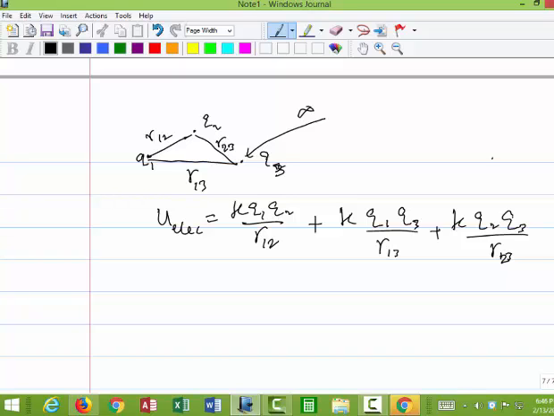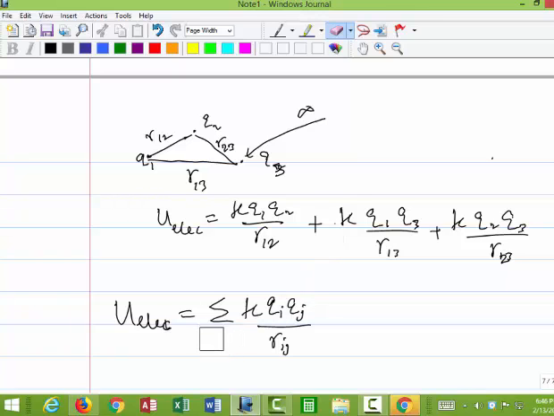I can say that U electric can be written as the sum over the two subscripts of K Qi Qj over Rij, and we don't want i and j to be equal, so I'll say that i is less than j always.